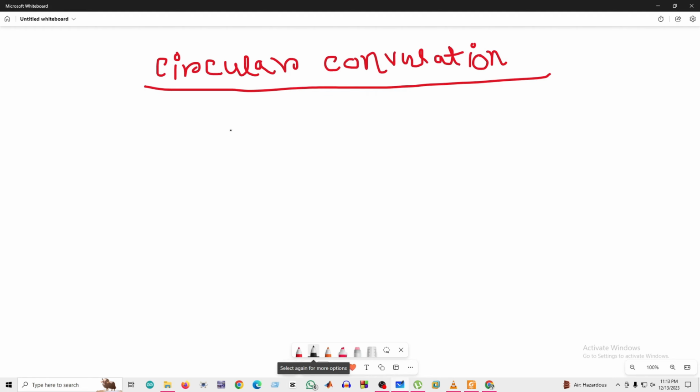Up to now, we already covered the DFT, right? So my question is, what is the DFT? If you have a signal, let's say this is your x of n, and you want to do a transform, let's say this is your DTFT.